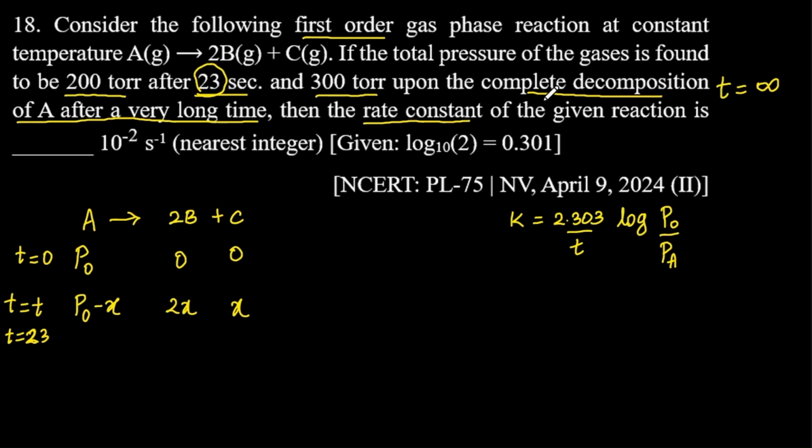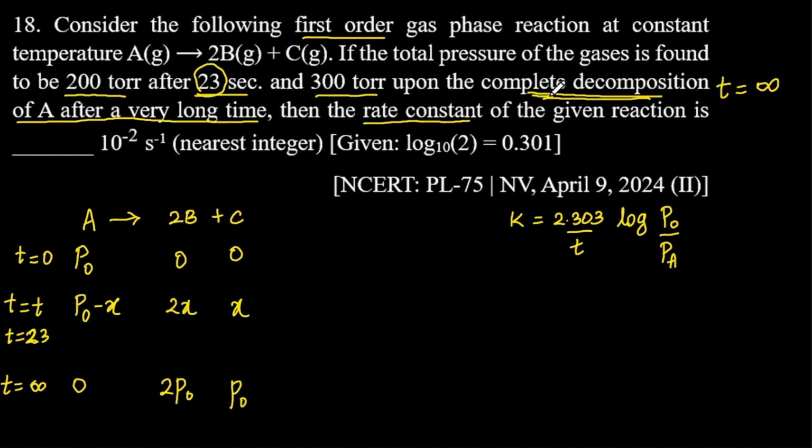Now they are telling that complete decomposition. So complete decomposition means at infinite time the reactant A is completely decomposed. So it is not present. So there is no pressure exerted by the reactant A. Then the partial pressure exerted by B is 2 P naught, 2 times the initial pressure exerted by A, and for C it is P naught.